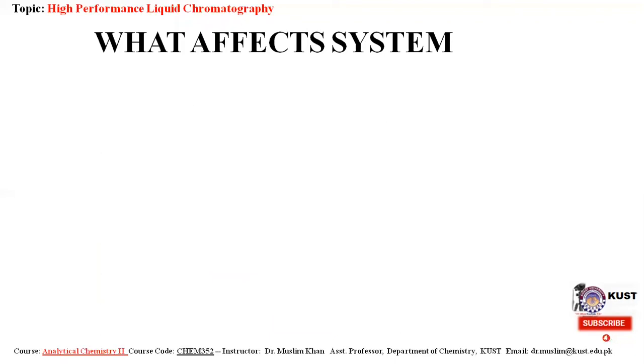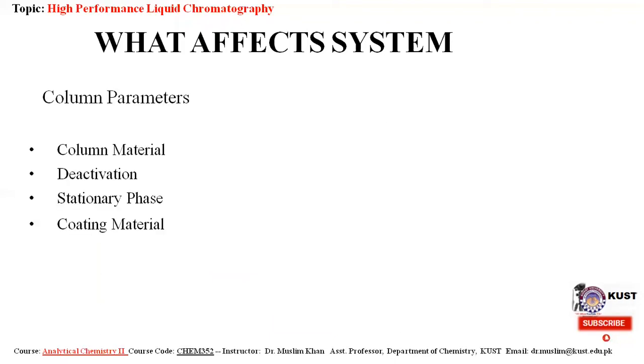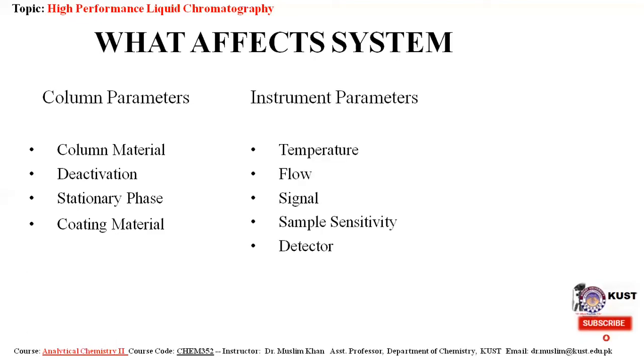So the question is, what affects the system basically? The column parameters are the column material, that is, what type of column material, the deactivation of this column material, the stationary phase, what is the stationary phase of this, and the coating material. All these things can affect the system. They affect the separation efficiency, and also there are instrument parameters. So as a whole, column parameters and instrument parameters can affect the separation efficiency.